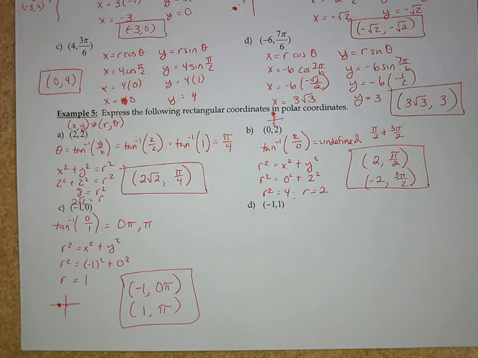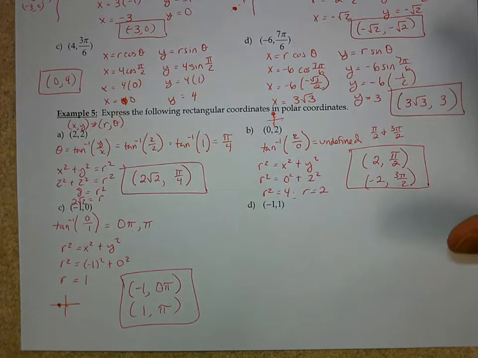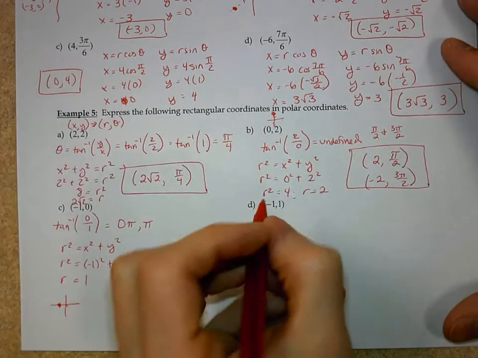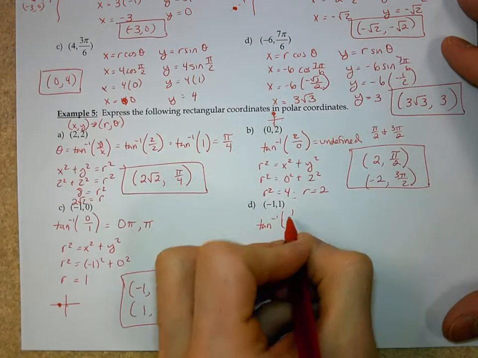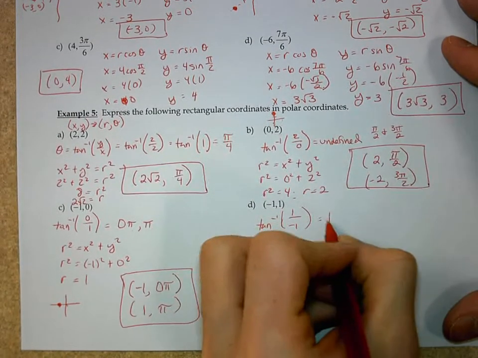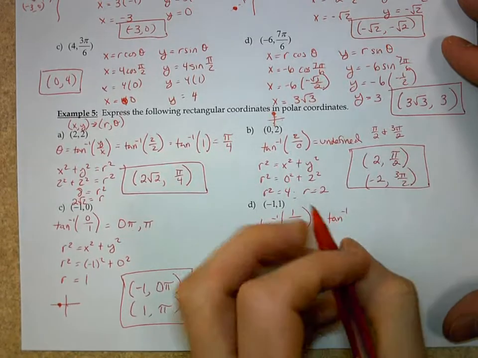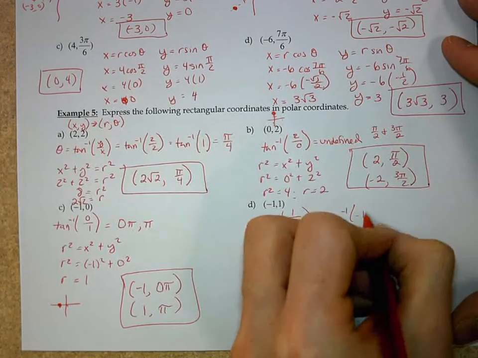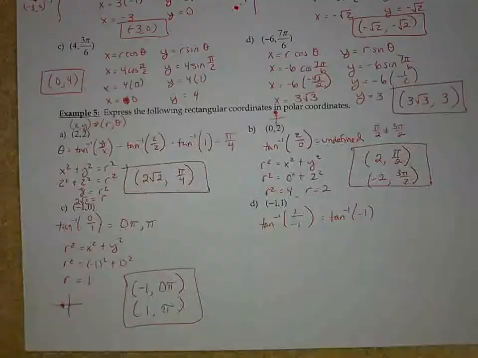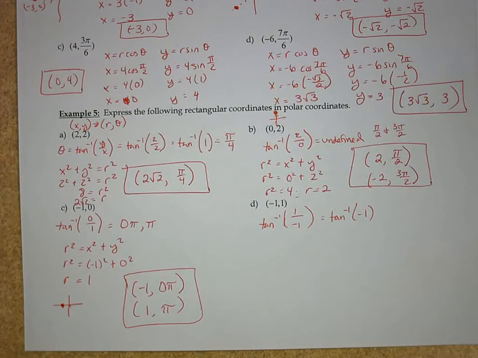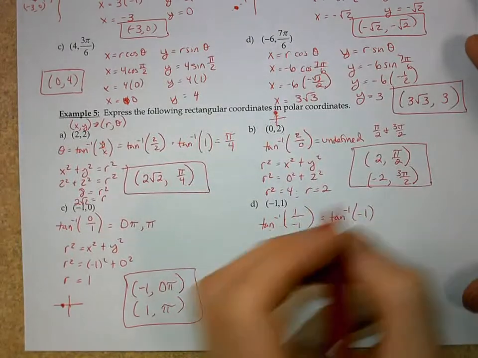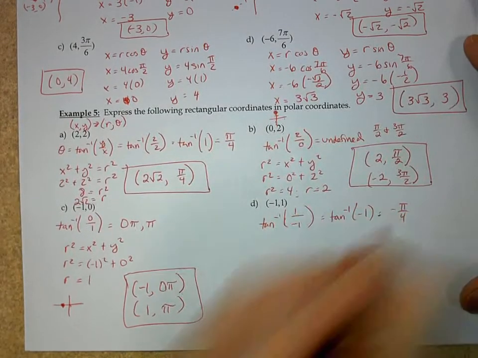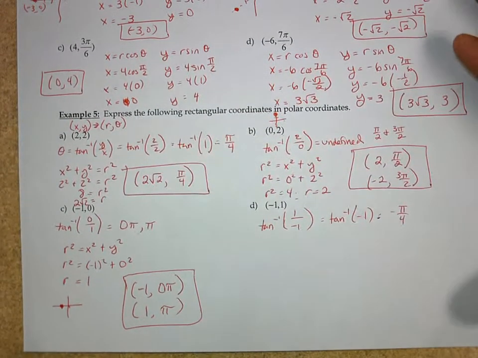The last one right there, the tangent theta equals 1 over negative 1. Actually, negative 1 comma 1. I'm getting ahead of myself there. I'm going to take the tangent inverse of y over x. So the tangent inverse of negative 1. We know negative 1 is going to occur in the fourth quadrant, which would be our negative pi over 4.